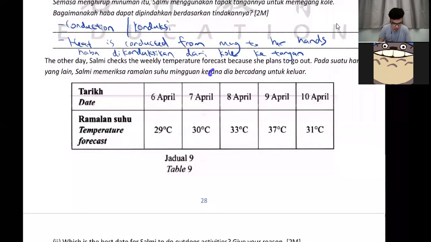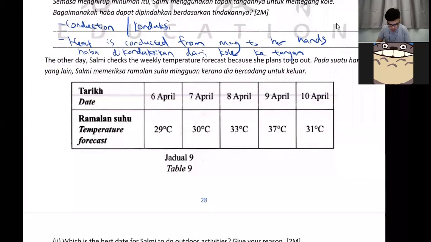So next, the other day, Sami checks the weekly temperature forecast because she plans to go out. As you can see the temperature here, wow, obviously she's living in Malaysia. Hey, Malaysia, 29 is hot enough. If during daytime it's 29, wow, you are already so cool. 37 is when it doesn't rain lah.